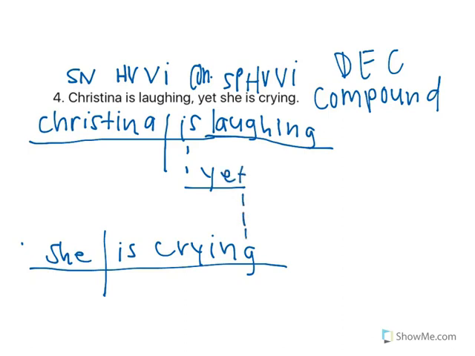Sometimes it's helpful to think of these as their own individual sentences because they are complete thoughts by themselves. And with this coordinating conjunction, that's what's combining them, and that's what's making them into one compound sentence rather than two simple sentences.